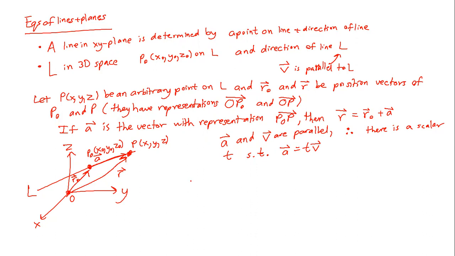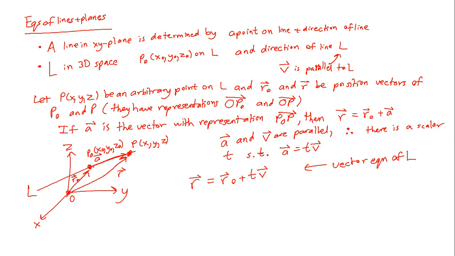And so this means that we can write the equation of the line like this. So this is going to be the vector equation of the line L. So for every value of this t, we get a new position or a vector r that then points to a new point on the line. So as we vary t, we can trace out every single point on this line.